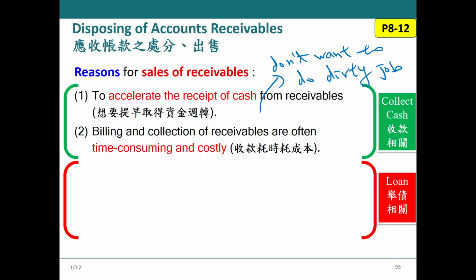The second reason why you sell the receivables to another company is like what? If I have the money, you will use your money, right? But someday, when you don't have the cash, what could you do? Oh, I don't have the cash, but I need the money. So I decide to sell my computer, to try to get the money. Oh, I don't have the money, so I try to sell my motorcycle, my bicycle to someone else, right?